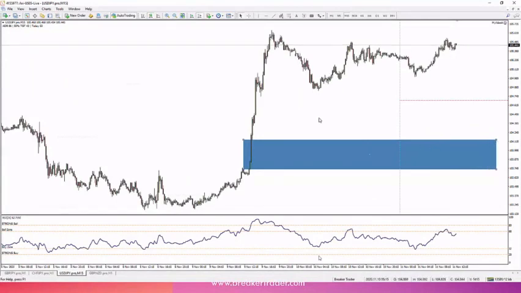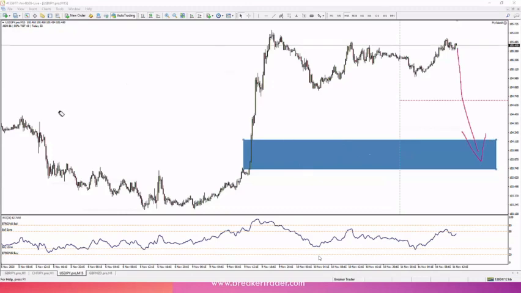Now, how can we use this to our advantage? Obviously, we can see when we get these propulsion candles that price tends to come back and fill them in. So our expectation right now on the US dollar yen 15-minute chart is that at some point price is going to want to come back down here and fill this gap in.